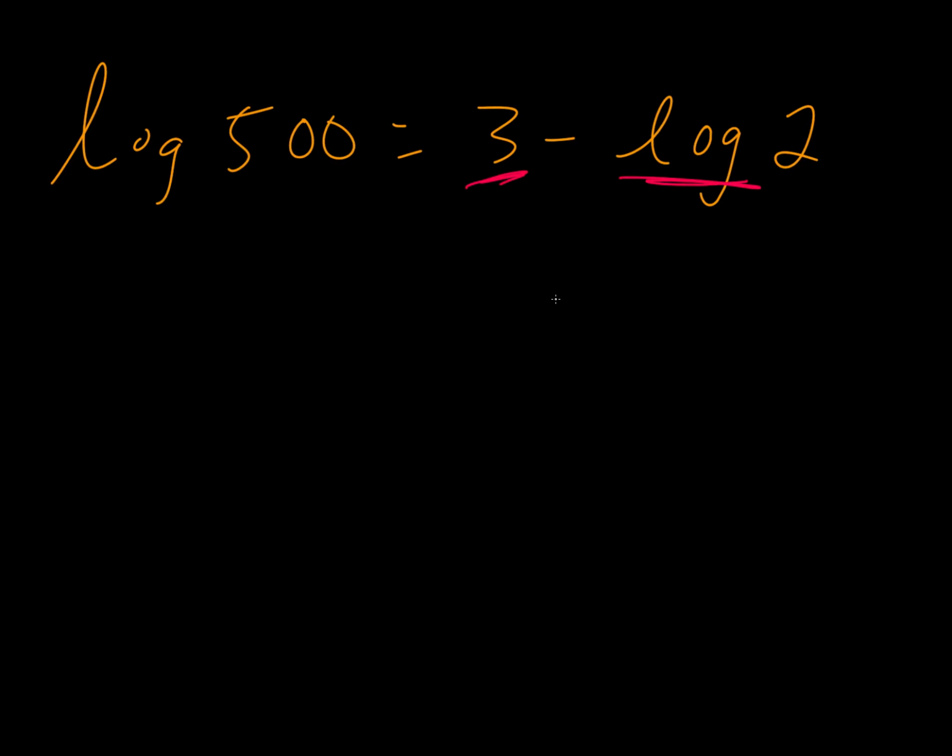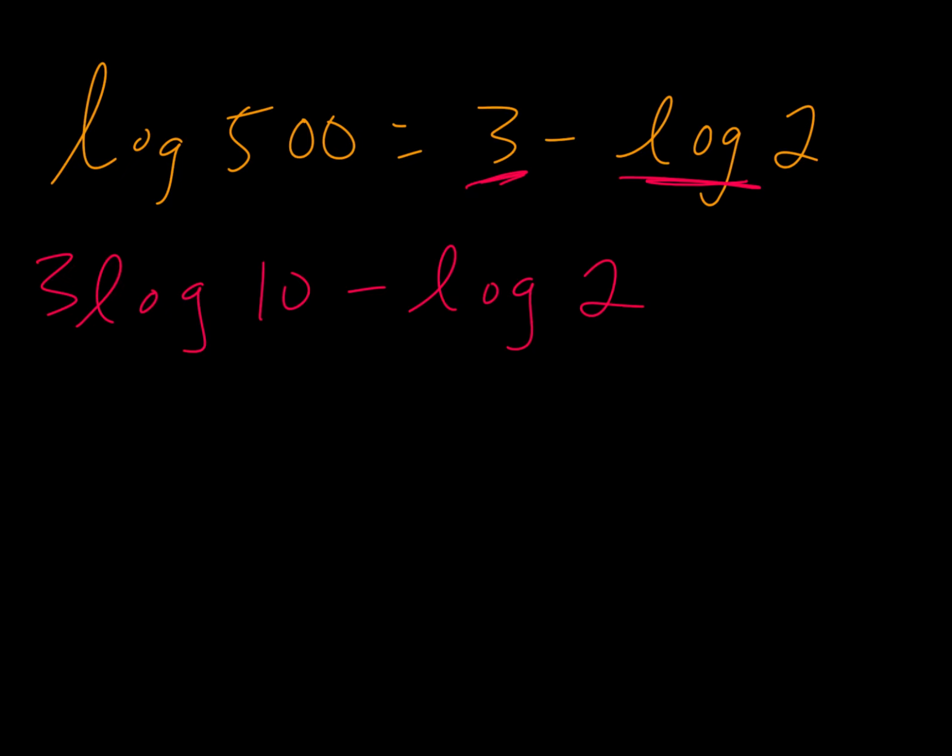And the last one, we need to prove that log 500 is equal to 3 minus log 2. So this one's a little complicated. I think I'm going to start from this side and see what happens. So I want to get a log base 10, and so I'm going to turn this into a log base 10. And so I'm going to say log 10 times 3, and then keep my log 2 right there.